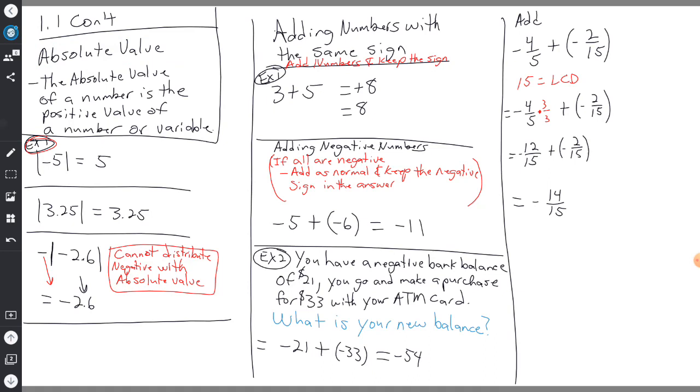So when you see those bars, that's how you have to think of it. We're taking the absolute value of whatever's on the inside of it before you do anything else with it. So the absolute value of -5 is 5, the positive value of the number. The absolute value of 3.25 is 3.25. So again, a positive value of whatever's inside of that absolute value.